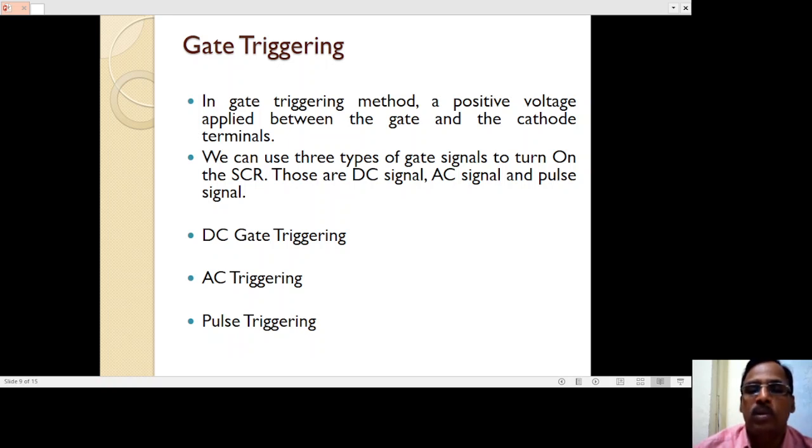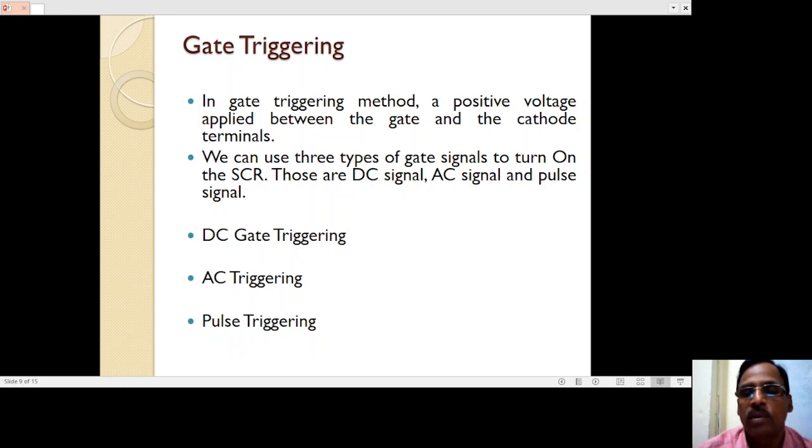A DC voltage source of around 10 to 12 volts is connected between gate and cathode. By increasing the voltage gradually, your SCR may be turned on. So this method is called DC gate triggering.